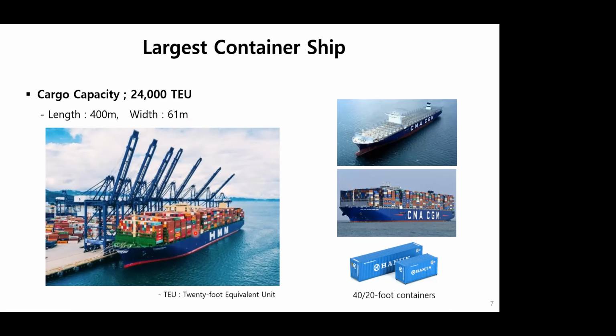Cargo capacity, in other words, it's capable of carrying about 24,000 container boxes, which are 20-foot containers. It's so big. And more than 50% of the containers are loaded above the upper deck, as you can see from this photo.